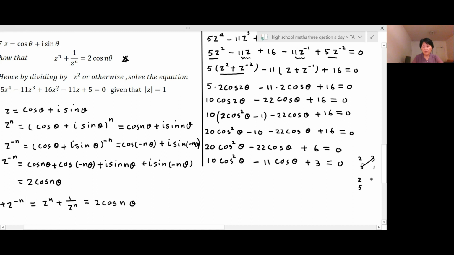Then I put the 1 and the 3. Okay, I factorize will be 2 cosine theta minus 1 and 5 cosine theta minus 3, then equal to 0.